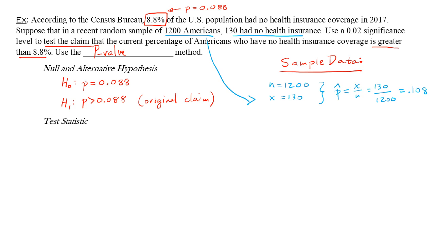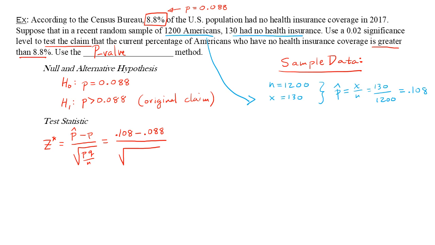Now remember, that's going to be part of our test statistic. So to compute the test statistic, we'll take our point estimate minus the value of P that we're claiming in our null hypothesis, and divided by the standard deviation, the square root of PQ over N. So 0.108 was our point estimate minus 0.088 was our claimed proportion.